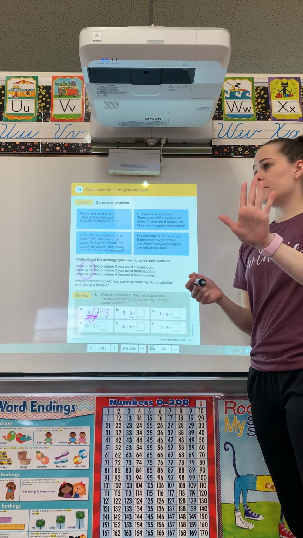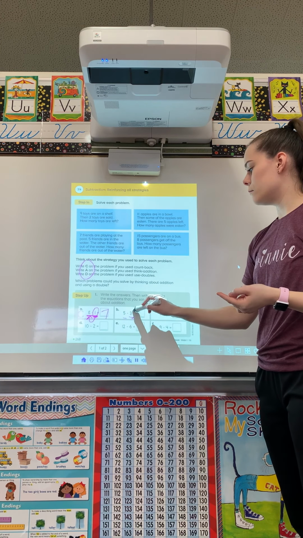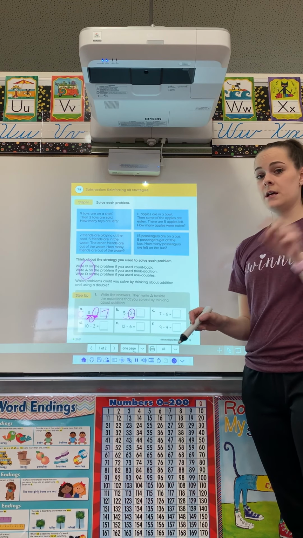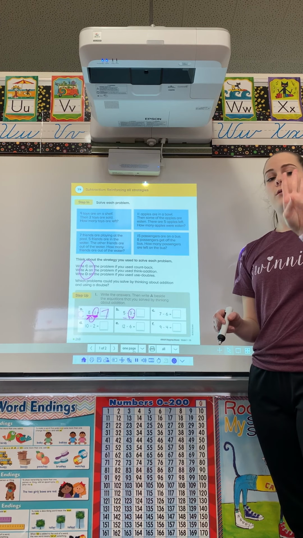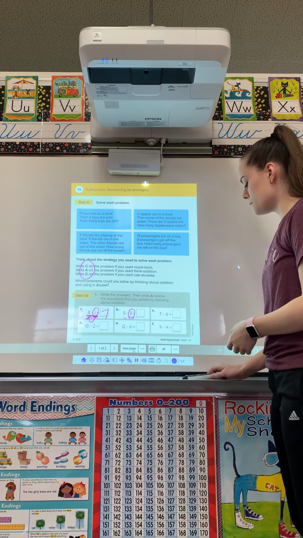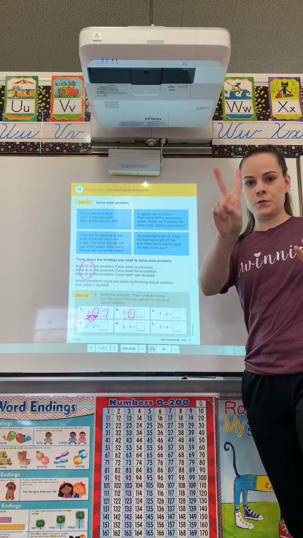If I add up, I have to start from the second number. It's not 5, it's 3. And if I add up to 5, 3, 4, 5, I added 2 more to get to 5.